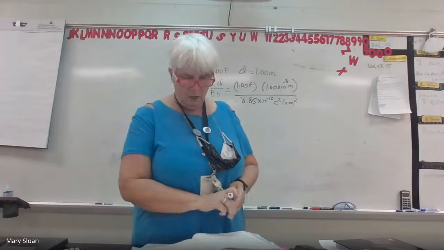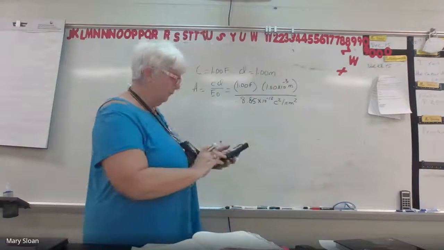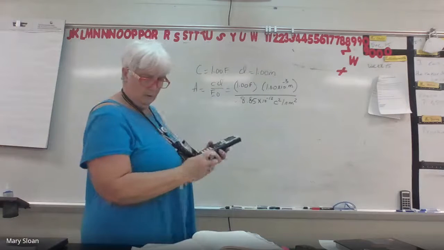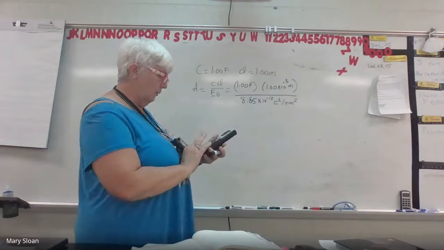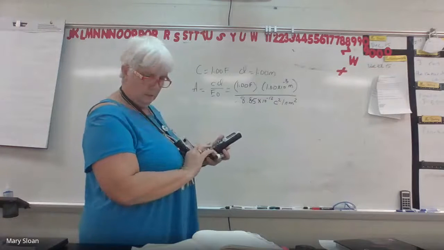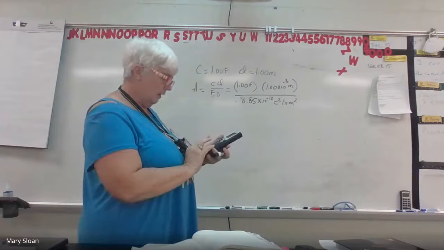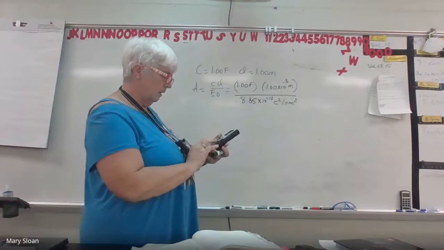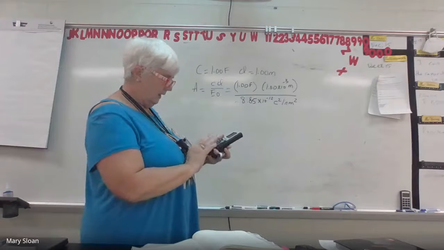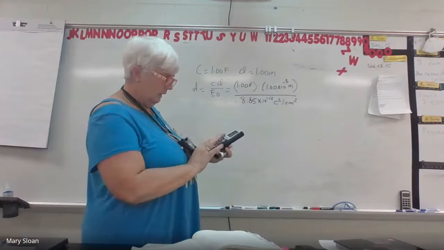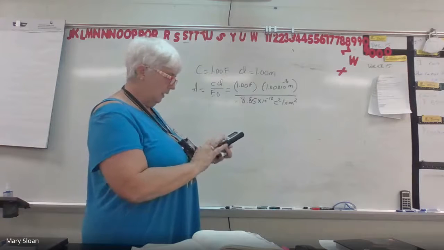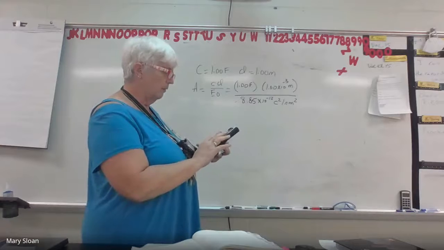Okay? So, doing that, alpha Y enter, you're going to do 1.00 times 1.00 times 10 caret negative 3, and then divide that by 8.85 times 10 caret negative 12.